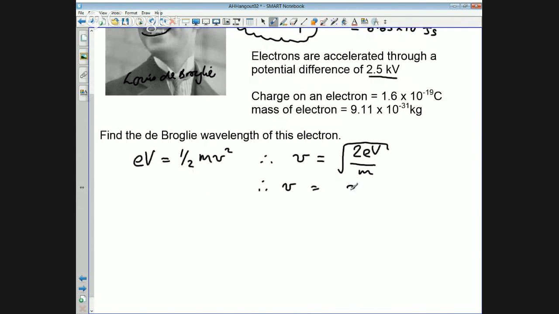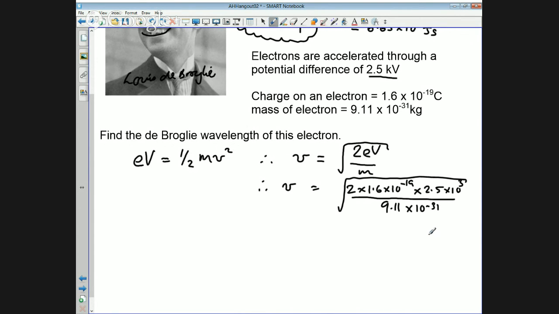It's going to be 2 times the charge on the electron, 1.6 times 10 to the minus 19, times 2.5 kilovolts, 2.5 times 10 to the power 3, divided by the mass of the electron, very, very light, 9.11 times 10 to the minus 31, and we have to take the square root of that.